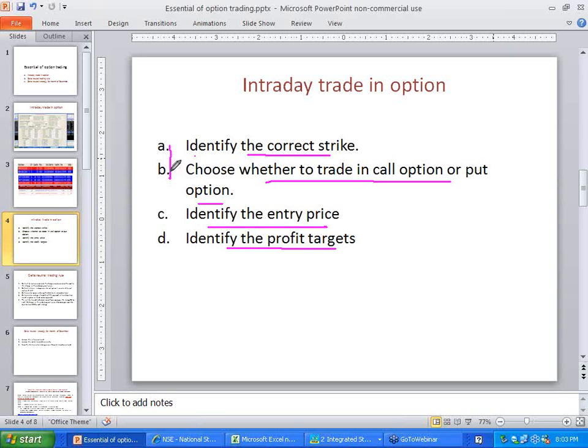Correct strike, then a choice whether to trade in call option or put option. Then we need to know where we should enter the trade. If you are going to buy a call option or sell a call option, at what price we should buy or sell it, and what will be our stop loss for that. All these things we are going to do in a more scientific way.